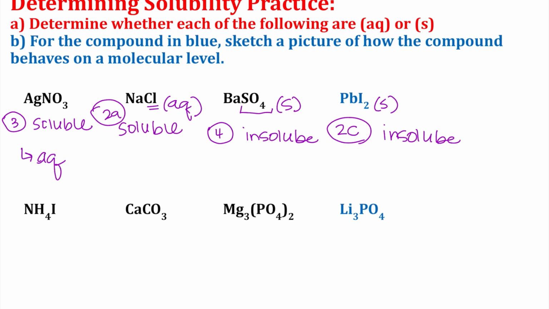Ammonium iodide, rule number 1 talks about ammonium. Salts of ammonium and group 1A are always soluble, so we've got this being soluble, so this would be an aqueous state of matter. Calcium carbonate. Carbonate is in rule number 5.